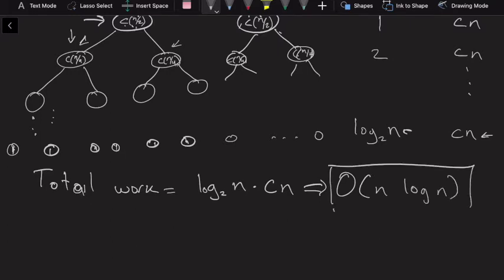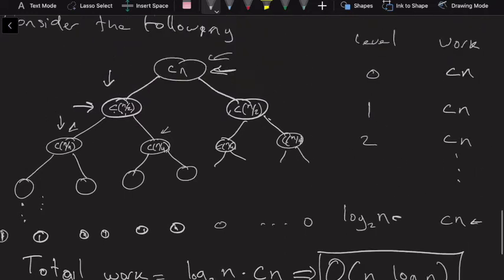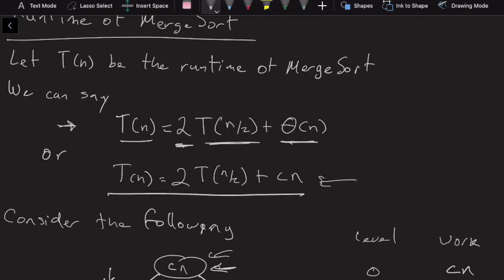So MergeSort, when we do accounting of all the amount of work that we're going to have to do, runs in order n log n. And we know this is good because we know that sorting can be done in n log n. So now what we've done is we've found another way of doing sorting, another approach, and another approach to analysis by doing this recursion right here.